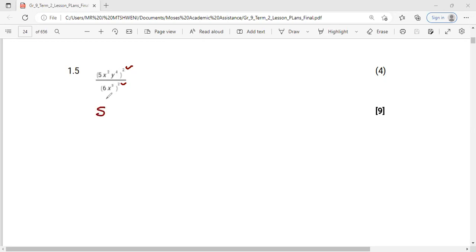You will square it, because remember I said you have an invisible 1. So 1 times 2, you have 2. Then x, 2 times 2, you get 4. Then y, 4 times 2, you get 8.